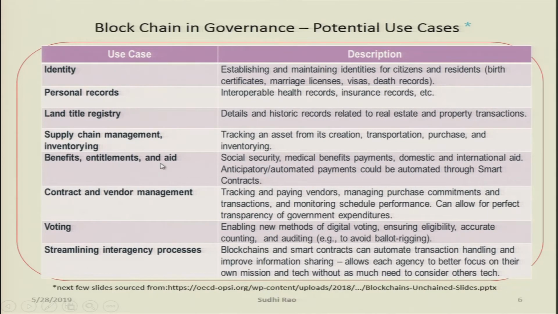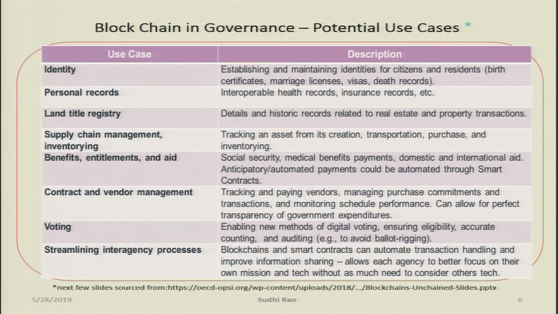Benefits, entitlement and aid, another area especially for international NGOs. How do we know that the aid we have provided to some country, say we are an NGO in this country and people are donating money for us to provide aid to some other country, is reaching the beneficiary? How are you doing it transparently? How can you do it at the lowest cost possible?